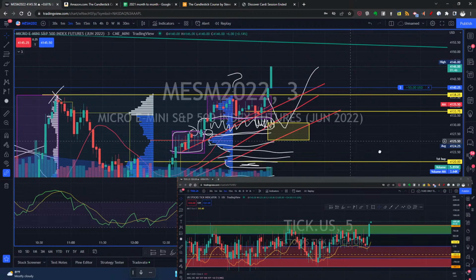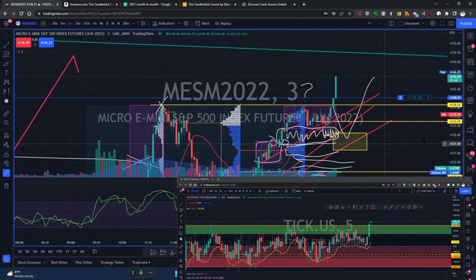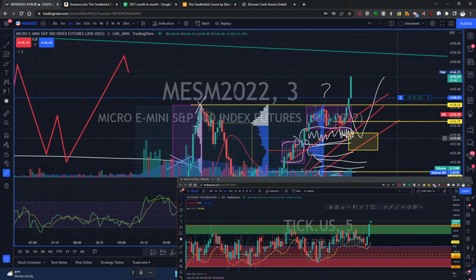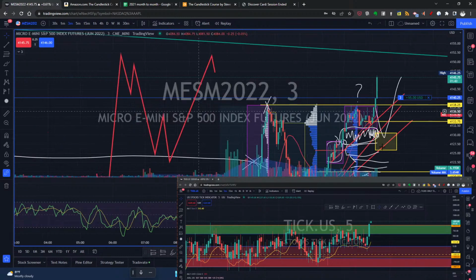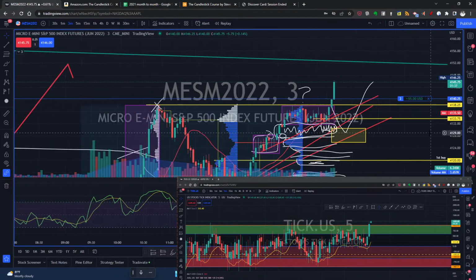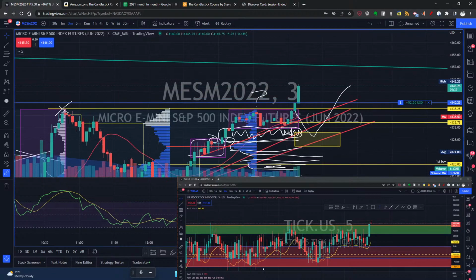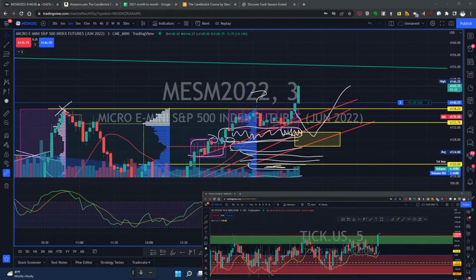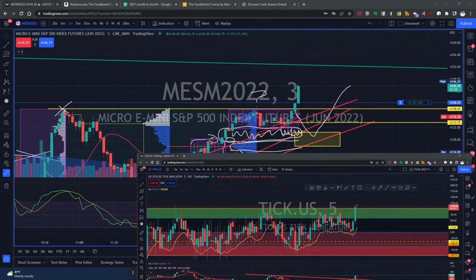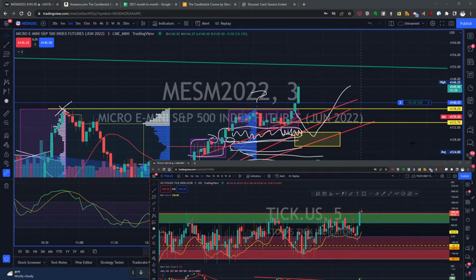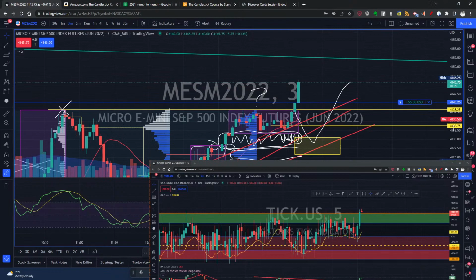Leaving its 5-period moving average behind. And we're pushing, pushing, pushing. Pushing up.